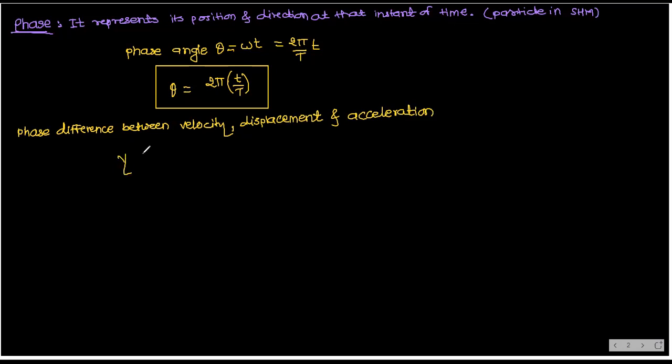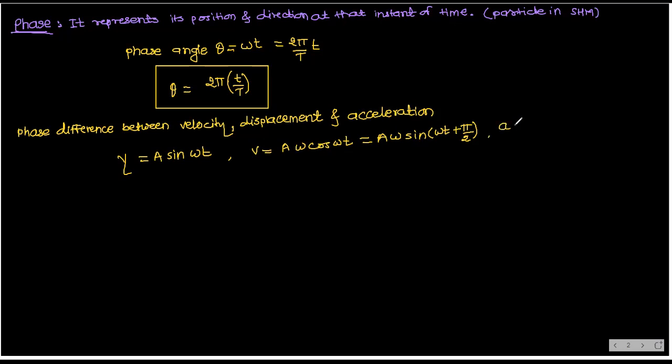We know y is equal to A sine omega t. And velocity is A omega cos omega t. So can I write it like this: A omega sine (omega t plus pi by 2)? This cos omega t I replace with sine (omega t plus pi by 2).